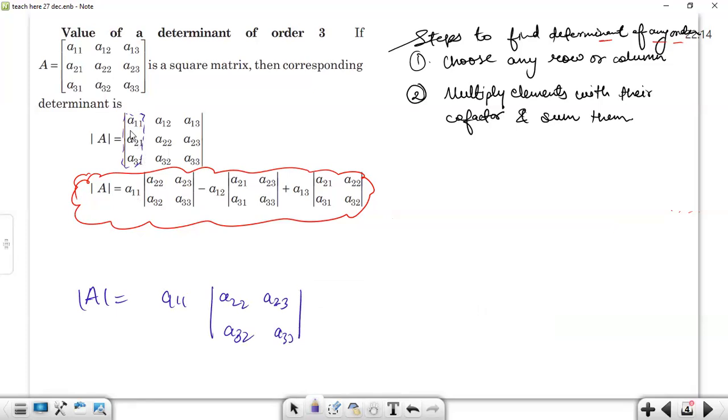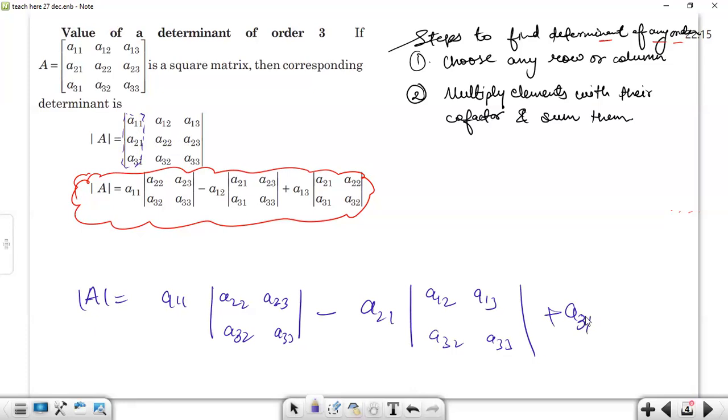Minus of A21. Why minus of A21? Because 2 plus 1 is an odd number. So minus 1 raised to power odd number will make it a negative, into the second element and its cofactor, excluding the row and the column. So that will give us the determinant of A12, A13, A32, and A33, plus A31.